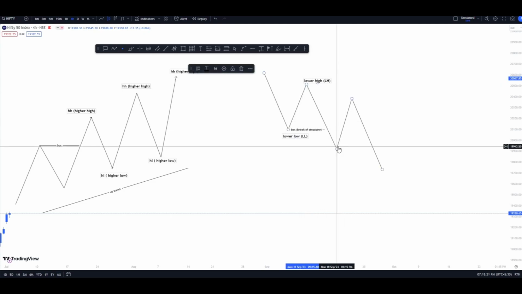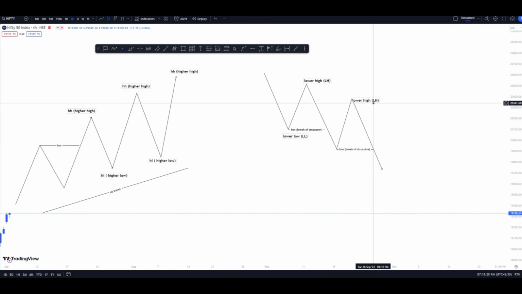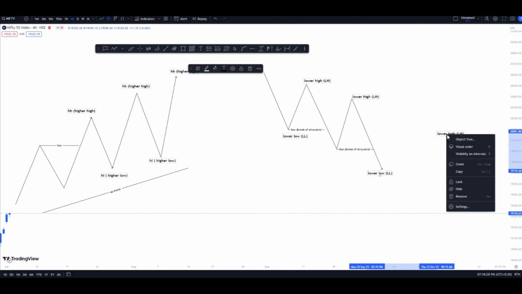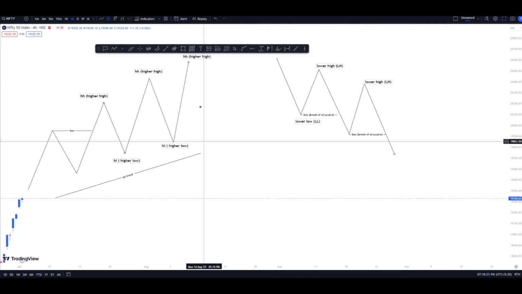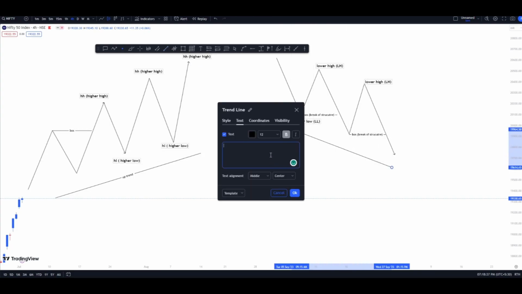Again we have a break of structure. This is break of structure, lower high, and lower low. So what is this trend? Downtrend.